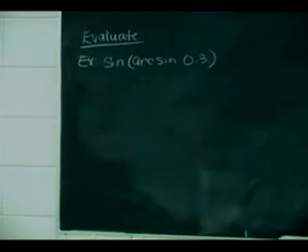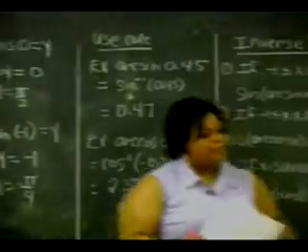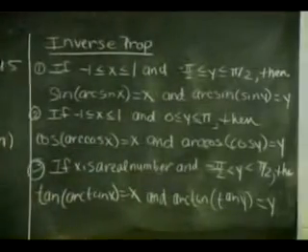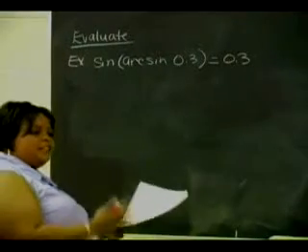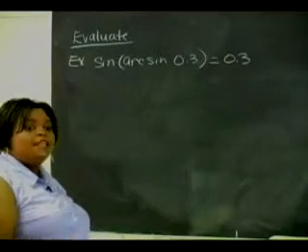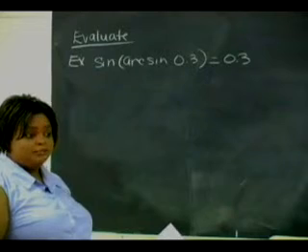So we have sine of arc sine x. That x needs to be between -1 and 1 for us to be able to evaluate this. Is that x between -1 and 1? Yes, it is. So what is sine of arc sine 0.3? Just 0.3. We just can't say 0.3. We have to make sure that that x is in the proper range, or that y is in the proper range.